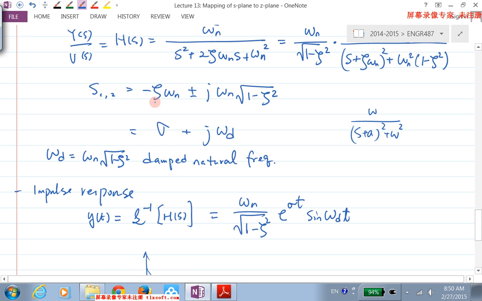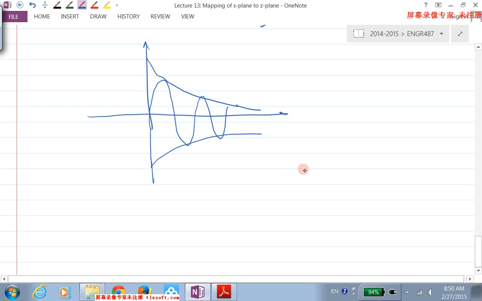So if I do a quick summary in the S plane, just based on this expression, this is the pole of the second order system. Here is sigma. Here is omega d.